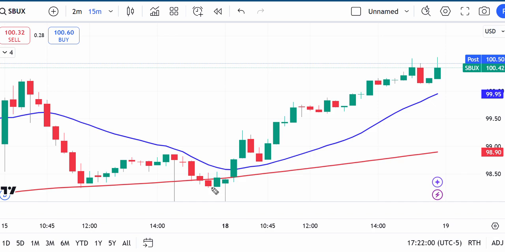So we go back to Friday, and we take the lowest point. I like to go about a half hour back to find the lowest point. It would have been about right here, and we draw a line. Next, I like to find the highest point, and again, I like to go about a half hour back. It's going to be around right there.